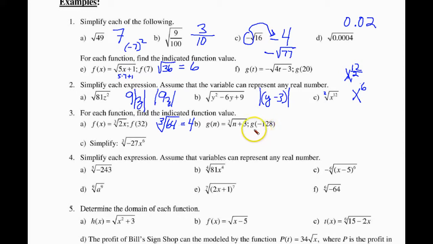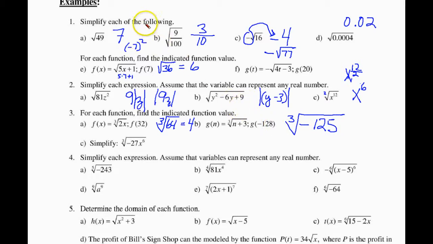Now, for this next one, we're going to put a negative 128 under the radical sign to replace n. Add 3 to it, so it gives us a negative 125.